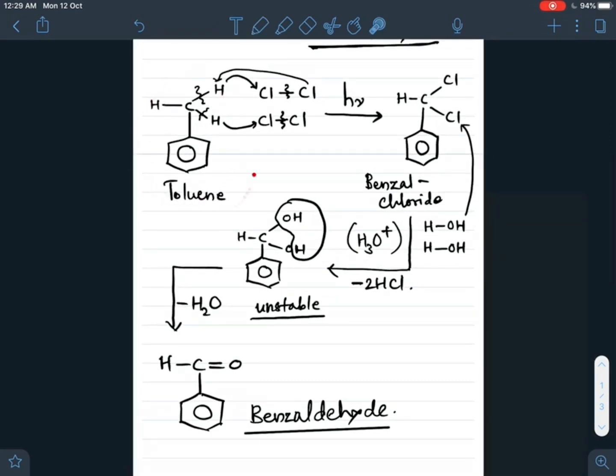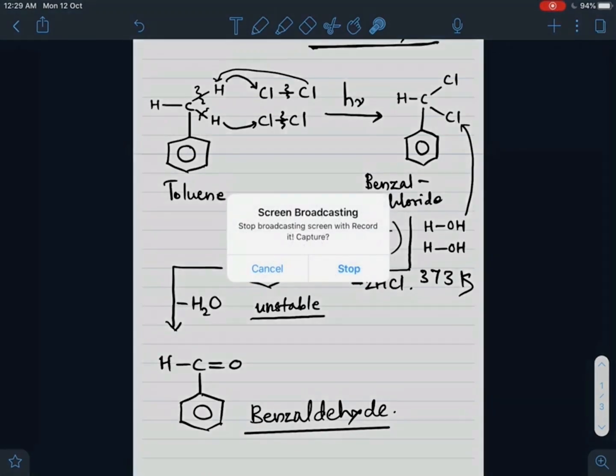Toluene undergoes chlorination, reacting with chlorine in the presence of h nu, forms benzyl chloride, and at 373 Kelvin it further undergoes acid hydrolysis. We get an unstable dihydroxy compound, which becomes stable by removal of a water molecule. So removal of water takes place, and finally we get the stable product, benzaldehyde.